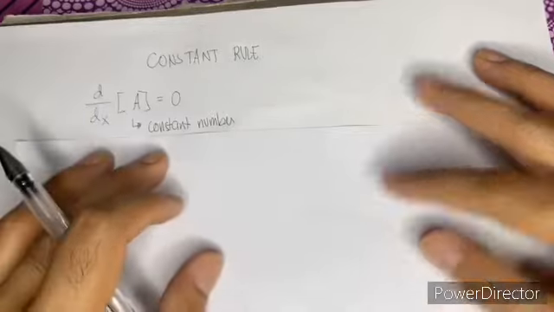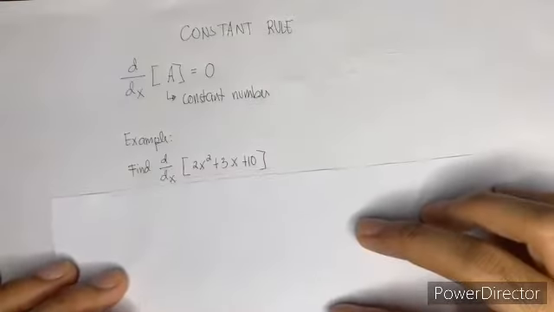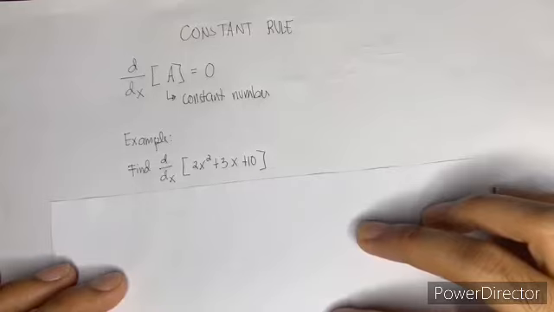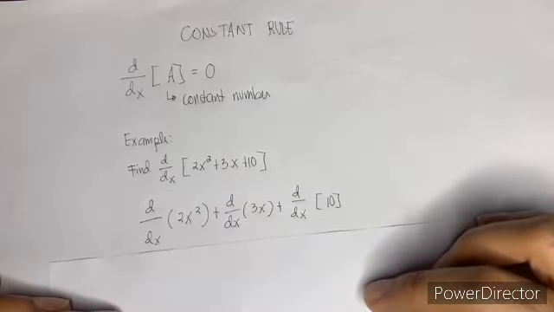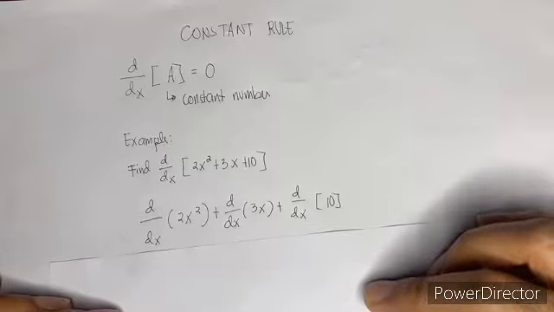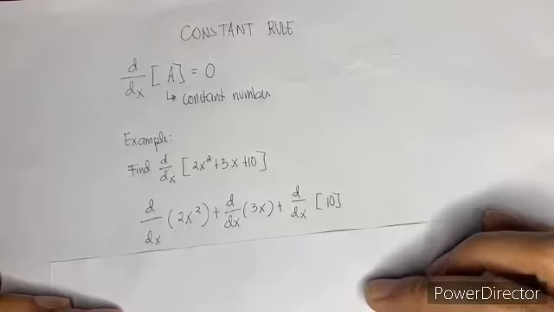So, for example, we have find D with respect to x, 2x squared plus 3x plus 10. So, isa-separate natin sila. So, magiging D with respect to x, 2x squared plus D with respect to x, 3x plus D with respect to x is 10.